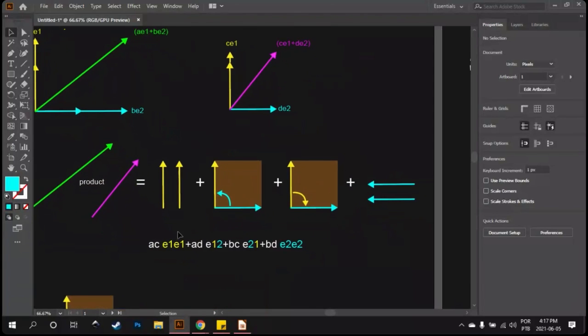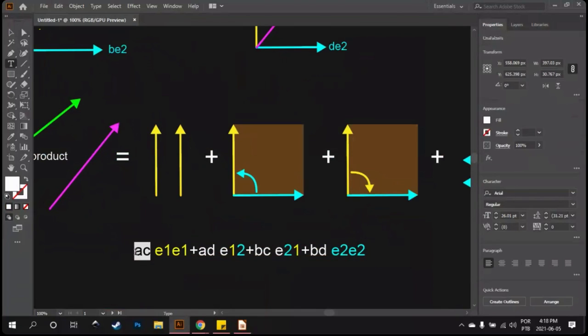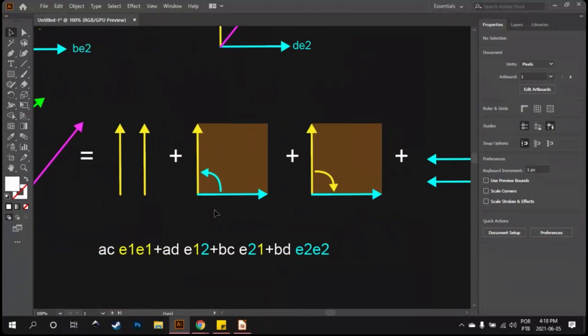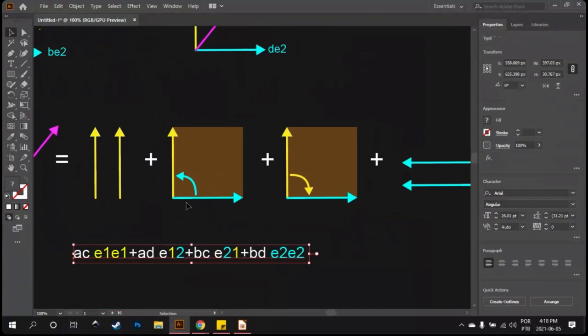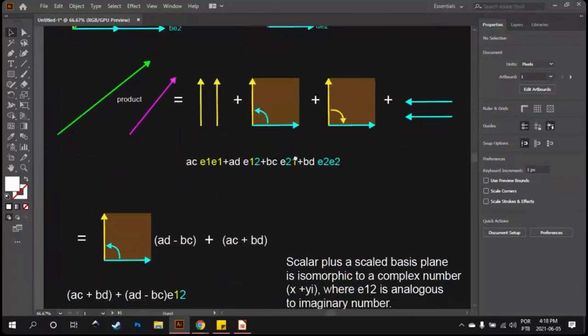Intuitively, a basis vector times itself is equal to the identity, so this is just equal to 1, scaled by some scalar. And these are the two bivectors. They have opposite orientations, and you can call them basis planes for all intents and purposes. They're both scaled too.